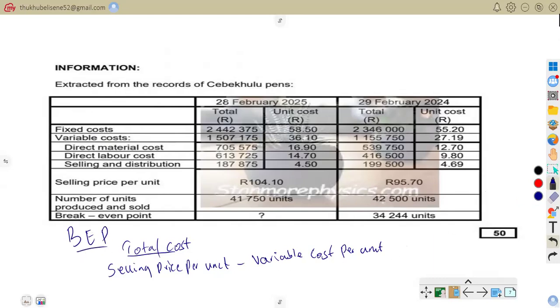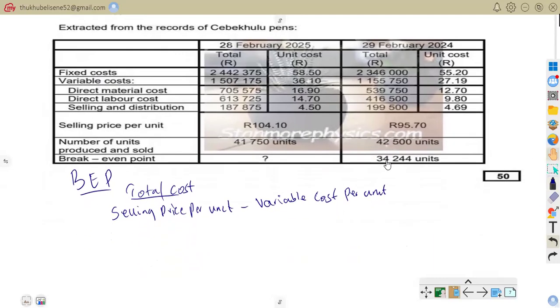So now we are to look for our total cost. As we can see, our total cost is 2,442,375. This is our total cost, divided by our selling price per unit, which is 104.10, minus variable cost per unit.